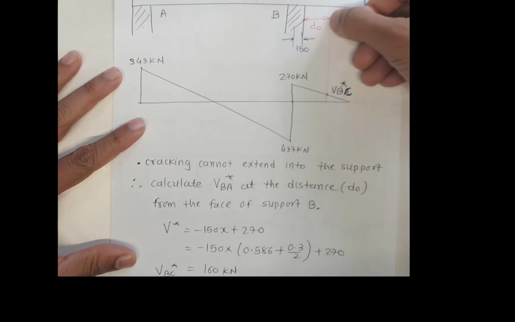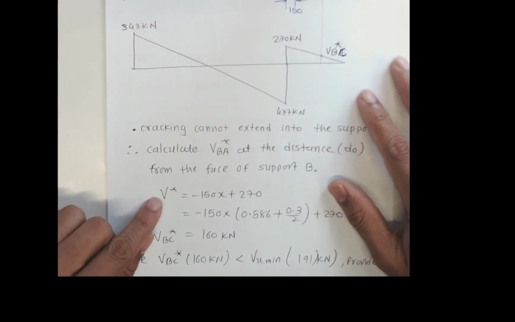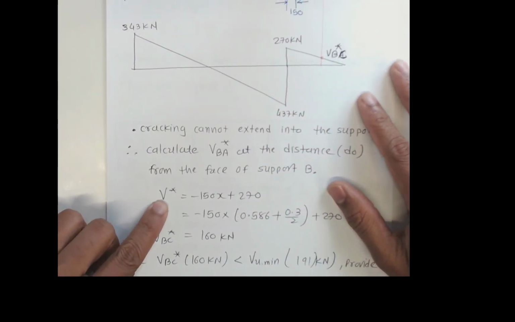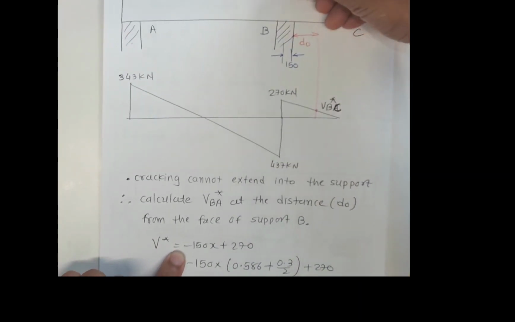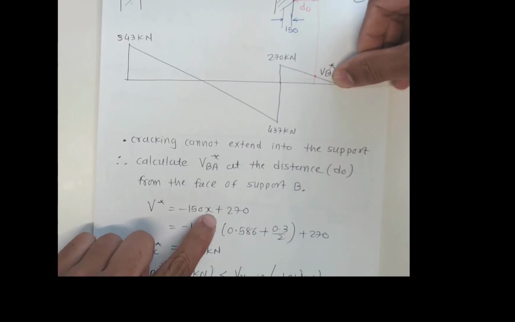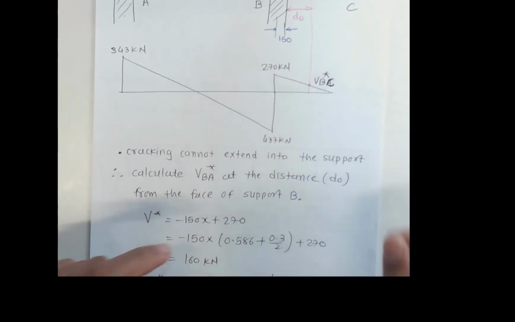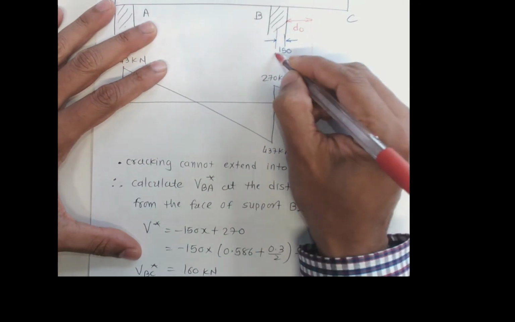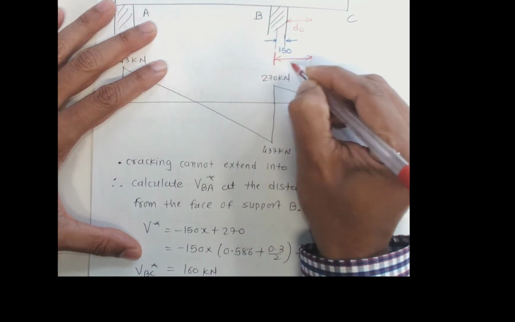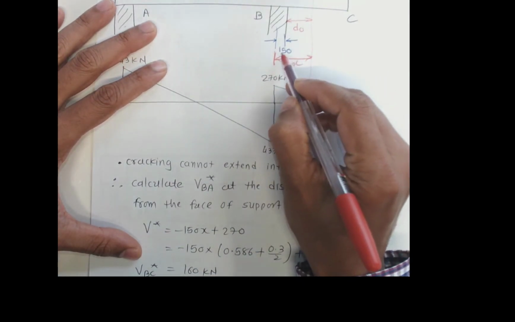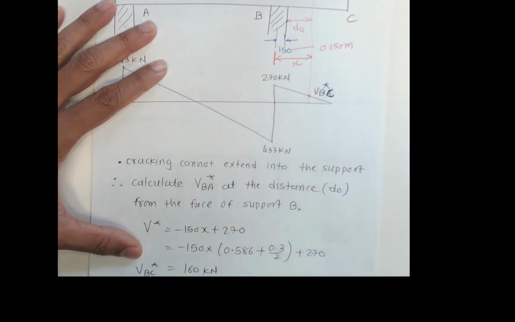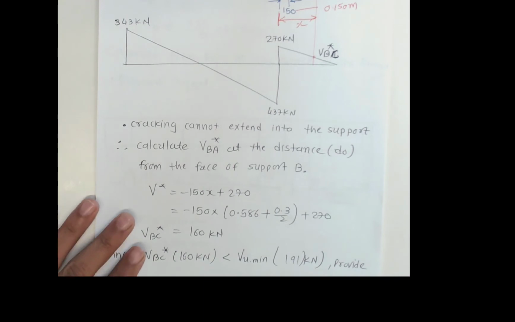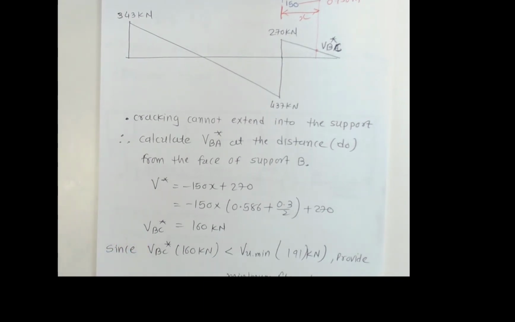Now we can work it out here. We have a straight line equation: V star, the slope is minus 150 going down, so minus 150x, and the intercept is 270. This x distance is the one being measured here, which is nothing but 0.150 meters plus this d0 distance. d0 we calculated in the previous step, so not recalculating here.